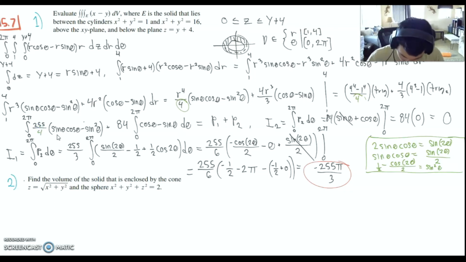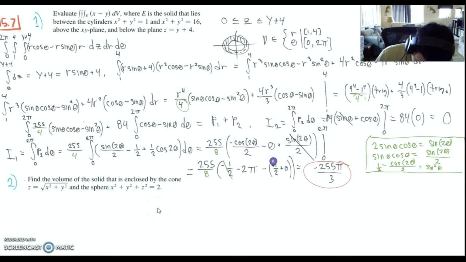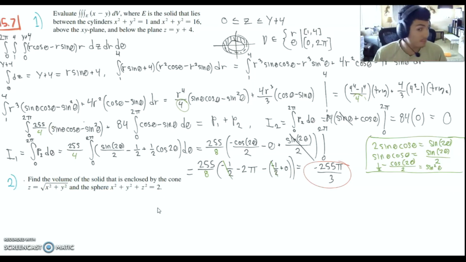And this 3 over here would turn into a 4. And then the 6 would turn into 8. This would turn into 8. And then what would this be? This would be 255. Like I said, the 1/2s go away. If there's a 2, 2/8, 255 pi divided by 4.